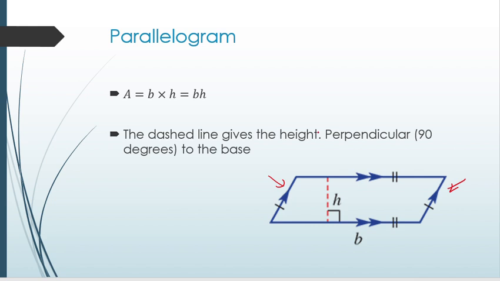Now, the dashed line gives the height, okay? So it gives how high it is. It's technically the same thing as the width, okay? Very similar. So all you're going to do is take the base of the parallelogram and multiply it with the height of the parallelogram. So whatever numbers they give you, just substitute the numbers in, multiply them together. It's pretty straightforward.